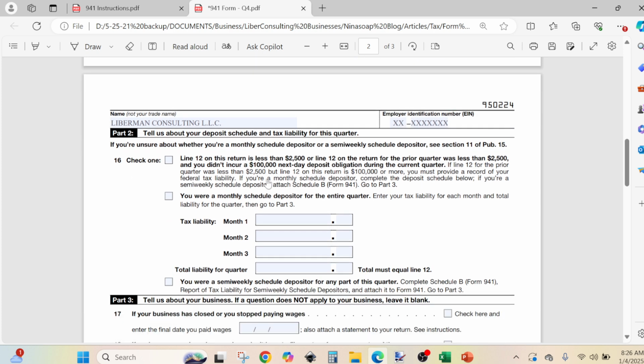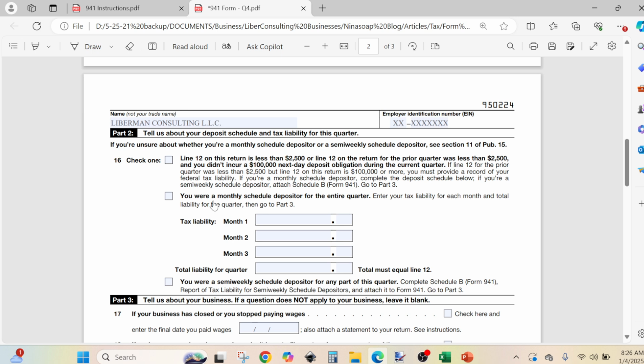So we are not going to check the first box, because the total liability for line 12 is $2,547, about $48 more to qualify for that. Therefore, we are going to check one of the two other options, and which one is based on the type of depositor you are.